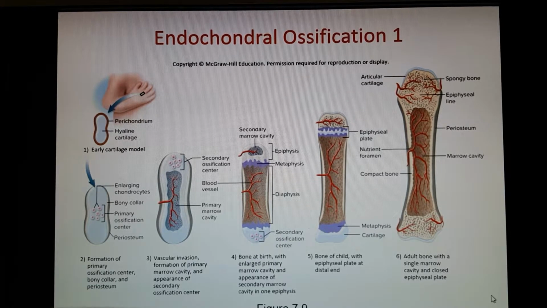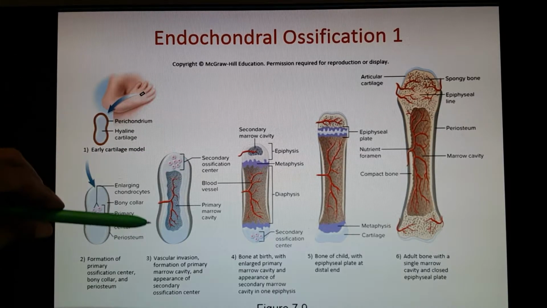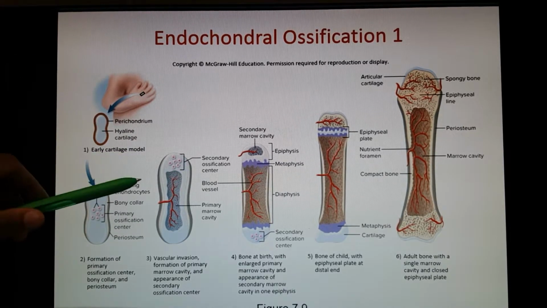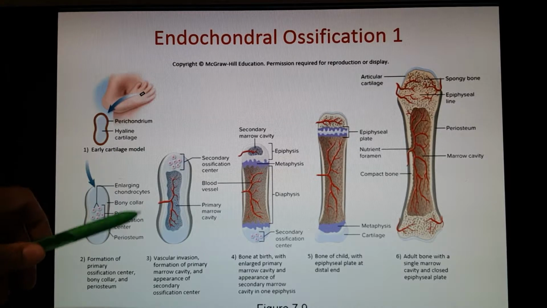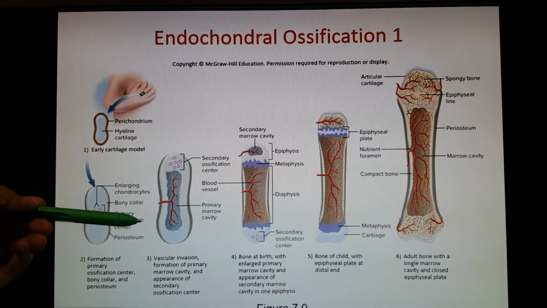So you start off with the primary ossification center, where you have these chondrocytes that are continuously making cartilage tissue. So instead of osteocytes or osteoblasts, they're making cartilage. So cartilage is made by chondrocytes. These chondrocytes are making more and more of this cartilage to eventually make a larger structure. So again, the infant bone.